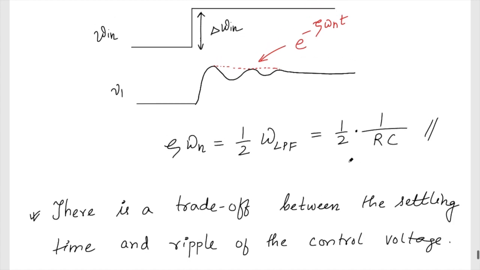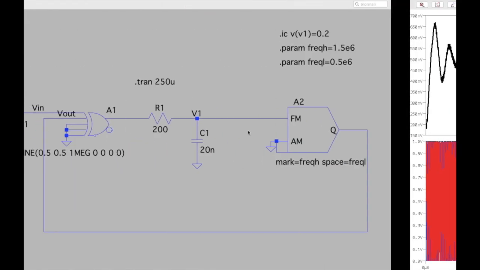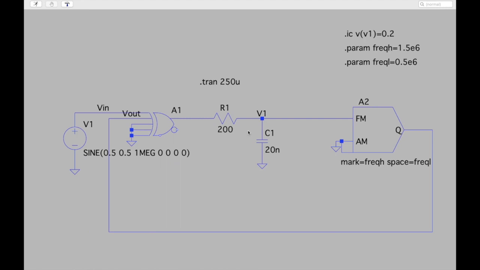If I make the C large, the ripple is going to become small, but from this expression we know that if the capacitance is increased, my eta omega n reduces and it takes a longer time to settle. Again, I'd like to show back the demonstration. This was 20 nanofarad.